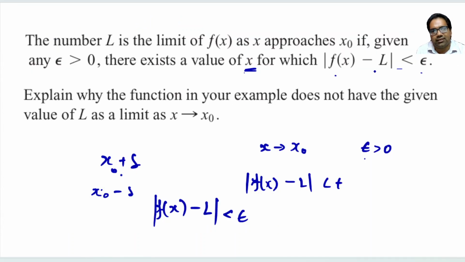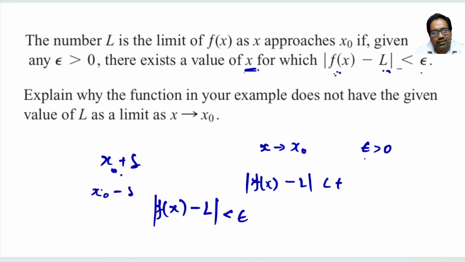Here it is not saying that. Here there is one value of x for which f of x is very close to L. This is saying this function is coming very close to this limit at least once. No, that's not what we want.